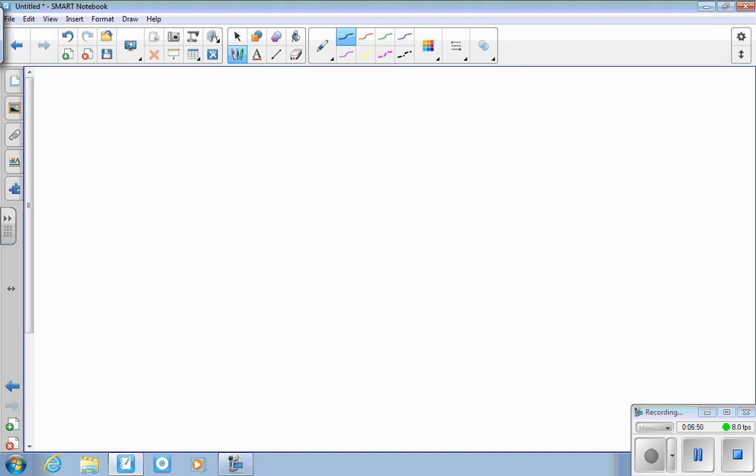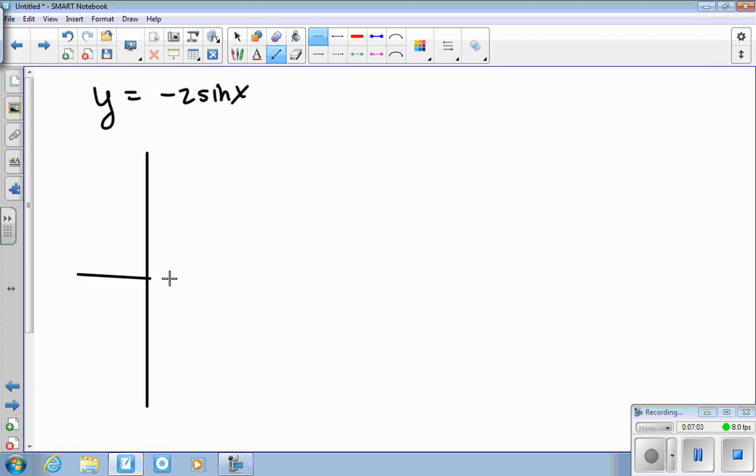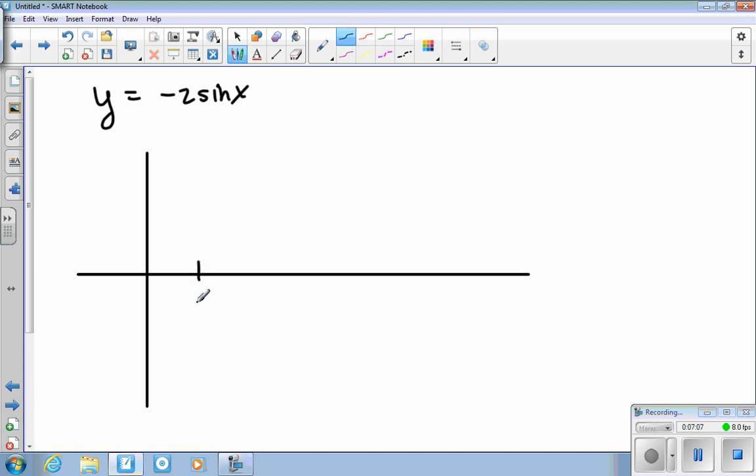Some of you at this point have got this, but I'm going to do one with sine of x that's negative, just so you can see that. So let's do y equals negative 2 sine of x. Again, we're going to have an amplitude of 2, which means our max and min will be 2 and negative 2.